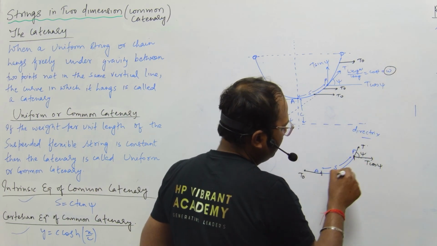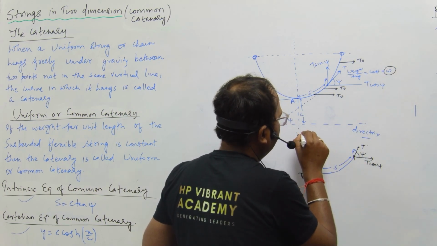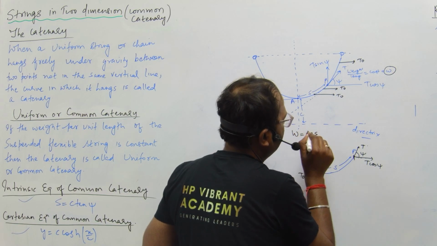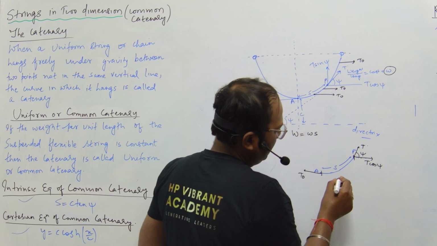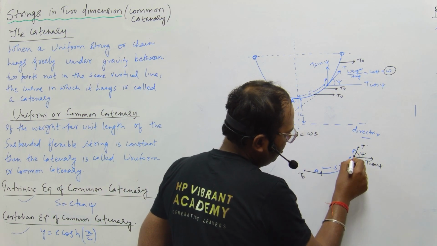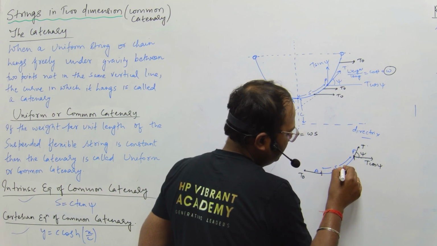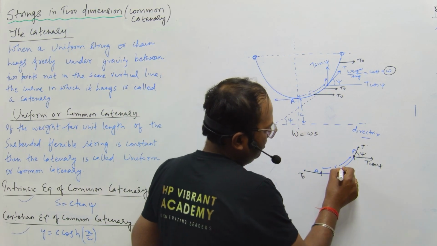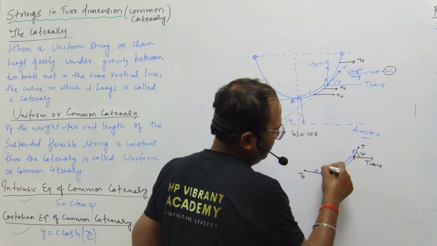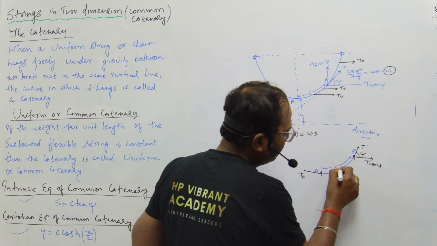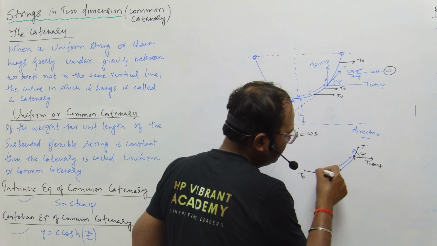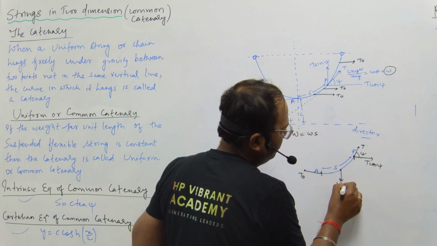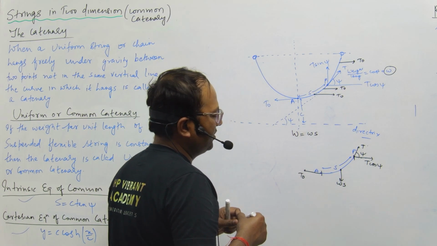So the total weight of this string will be small w into S, weight per unit length into S, and this will act at the center of this string, the midpoint of its length. So the weight ws will act at this particular point.